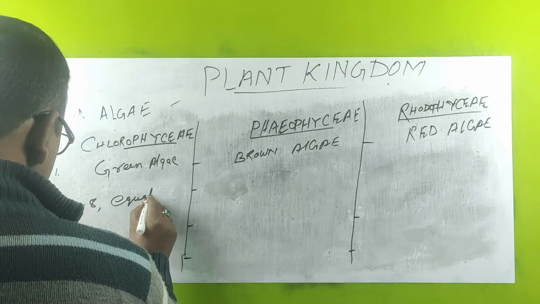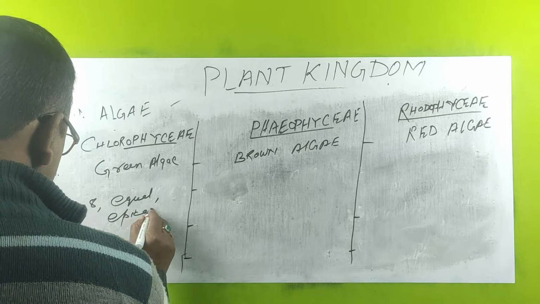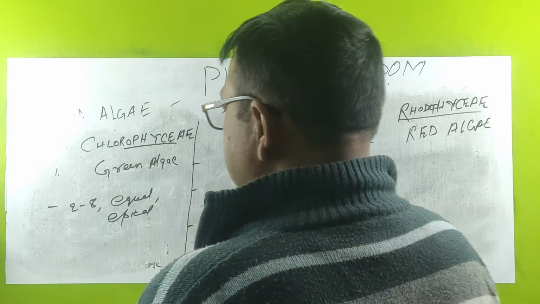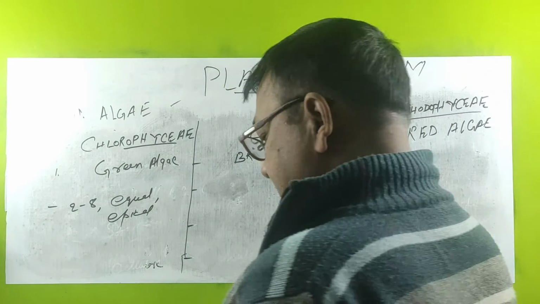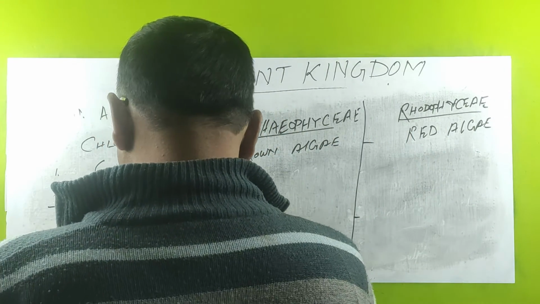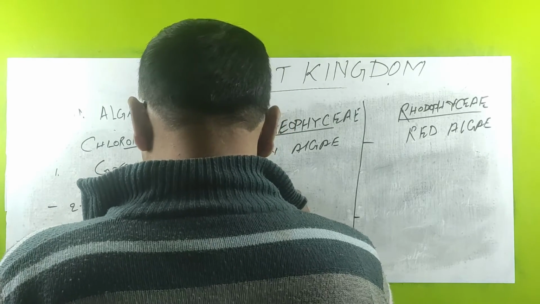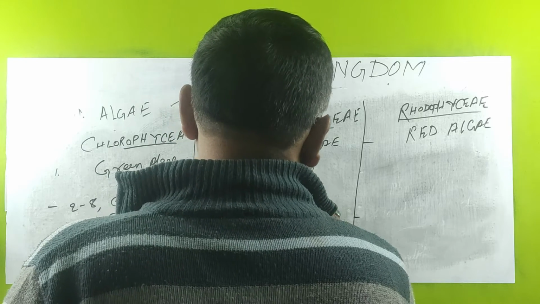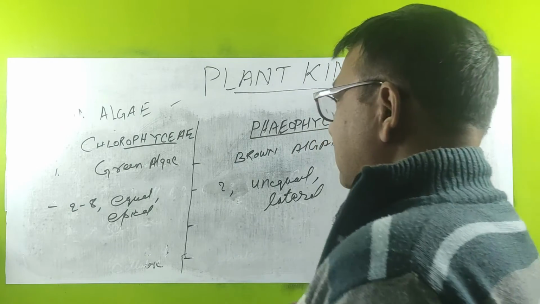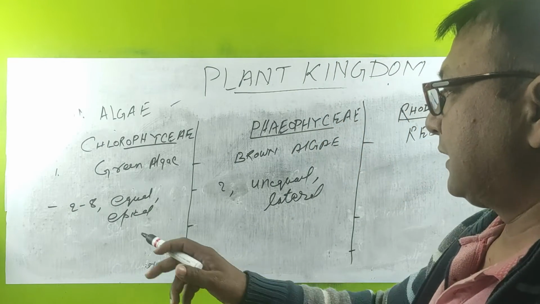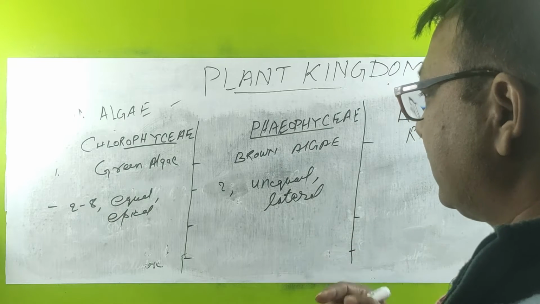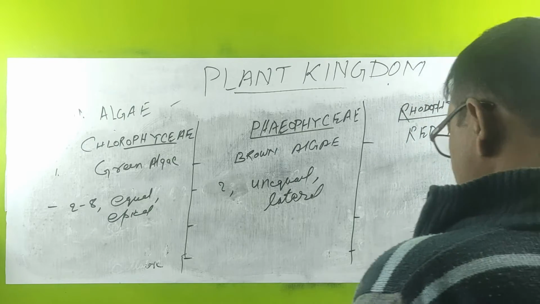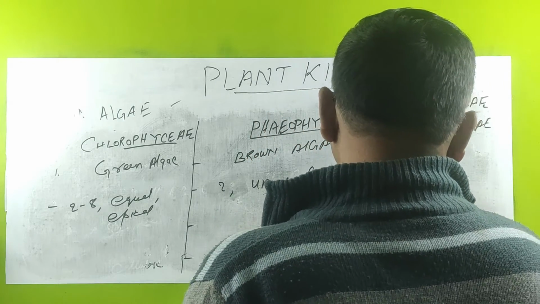Brown algae have two flagella, unequal and lateral. While in red algae, flagella are absent.